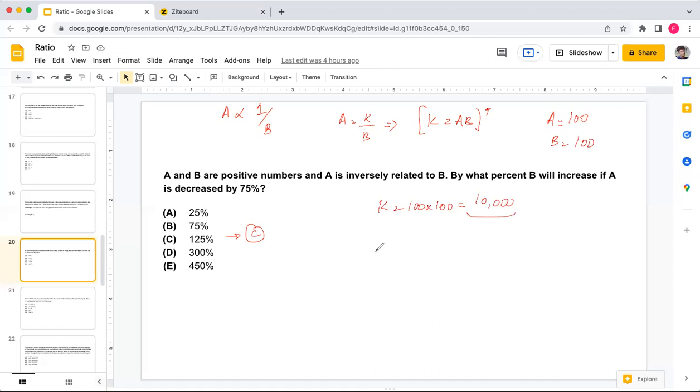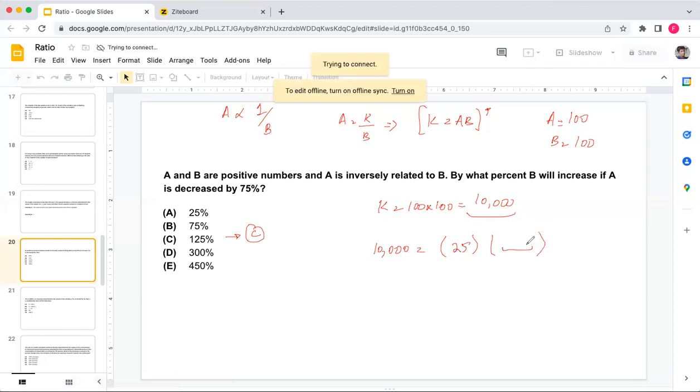Okay, so initial value is 10,000. And now if A is decreased by 75%, what is the new value of A? That is 25. And we are asked to find what will be the new value of B.